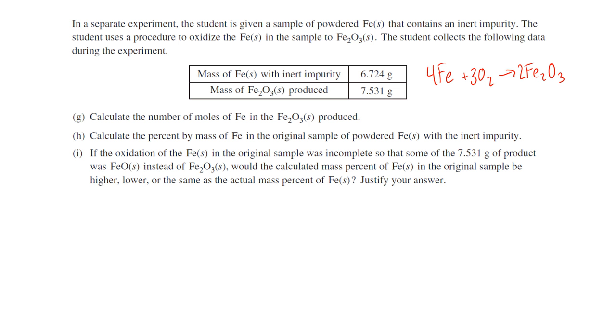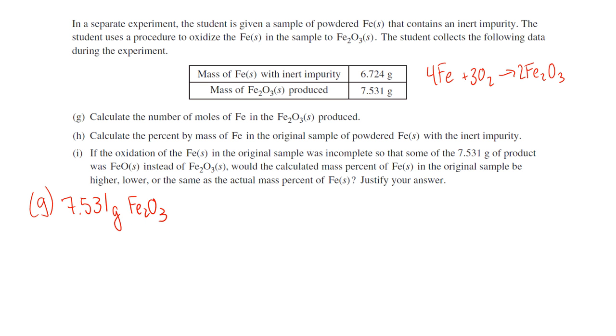Notice that this data table gives us a mass of iron oxide. And so what we're trying to do here is, trying to find my calculator here, so what we know for grams is we know that we have 7.531 grams of iron oxide.